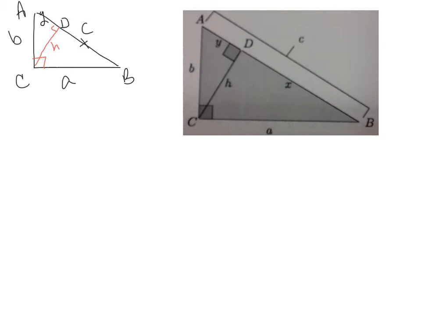There's a better picture. It's the picture that we've been using up to this point. So we see that x plus y equals c. And I think that's all that we know, other than the three triangles are in fact similar.